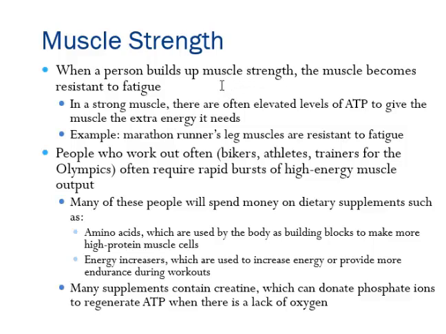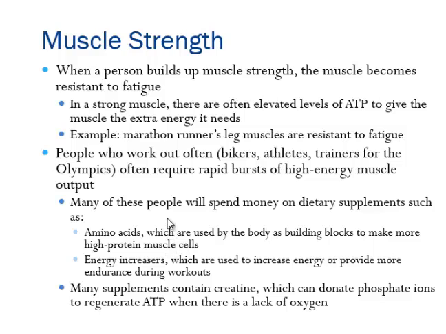And when the muscles become stronger by use, they become more resistant to fatigue. People who work out often, people who use their muscles a lot, often require rapid bursts of high energy muscle output because they need energy very quickly.